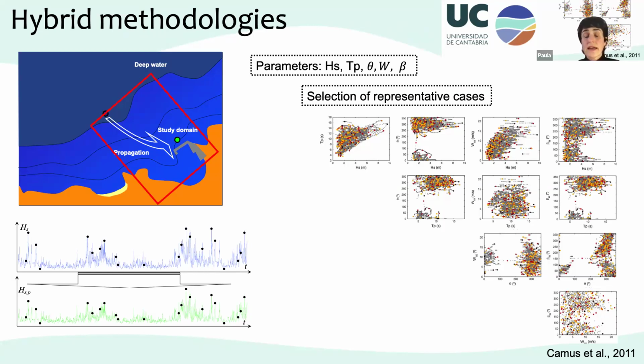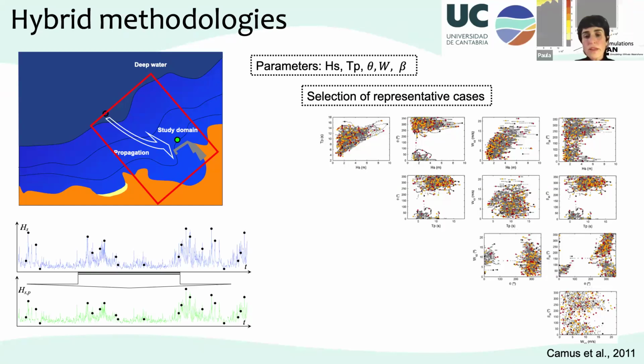So we can characterize each propagation by only 5 parameters, these 5 parameters. And then what we do is apply the maximum dissimilarity algorithm in order to select representative cases. Here we can see the combination of the 5 parameters, in gray the historical events, and then in colors the different number of selected cases.